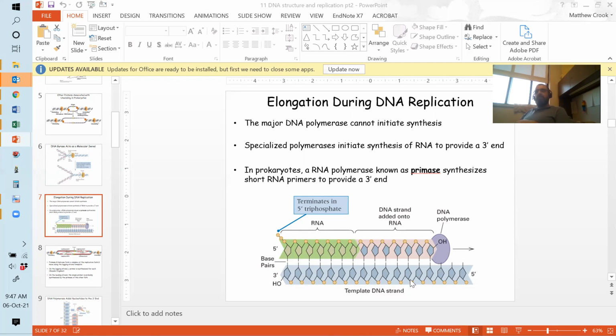So here's another way of thinking about this, and this gets into leading versus lagging strand. Let's even do it for a prokaryotic circular chromosome. How many times do you need to make a primer for the lagging strand versus the leading strand?